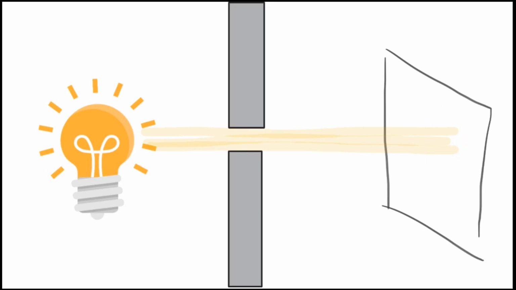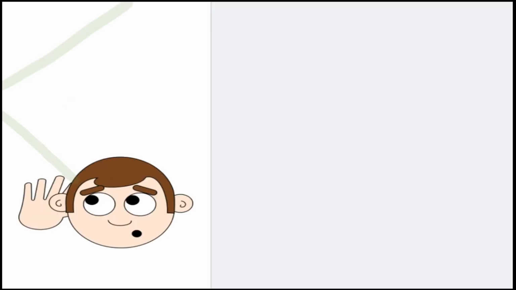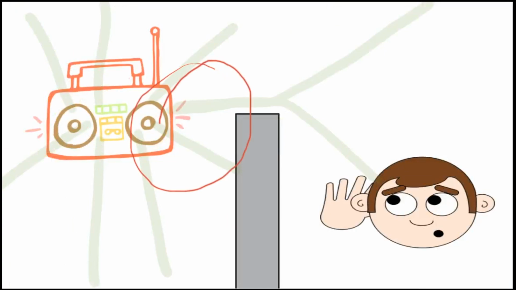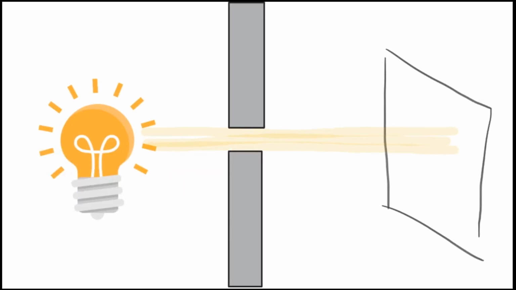Now, if the size of the slit is smaller than or comparable to the wavelength of the light coming from this source, then what happens? The light waves, just like your sound waves, will bend around the corners by a small amount, fine. Therefore you will get a bigger spot on the screen.